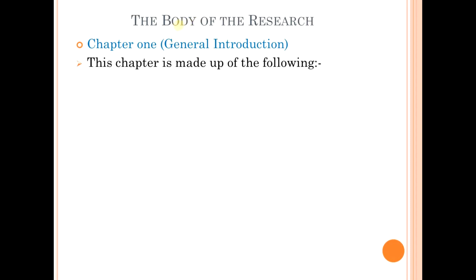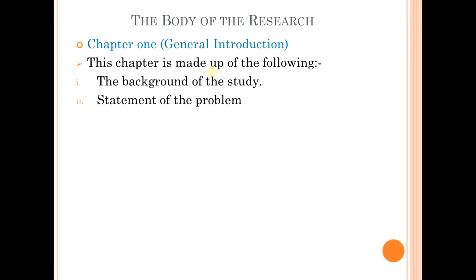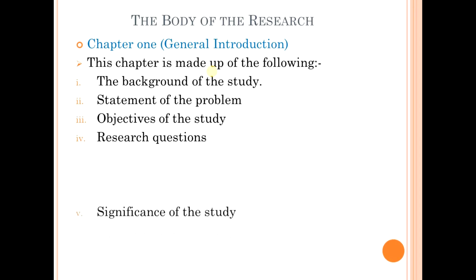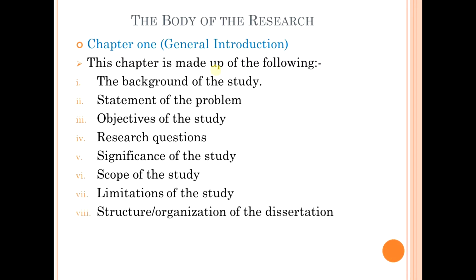The chapter is made up of the background of the study, statement of the problem, objectives of the study, research questions, significance of the study, scope of the study, limitations of the study, structure or organization of the dissertation. The structure or organization of the dissertation is special for the dissertation.